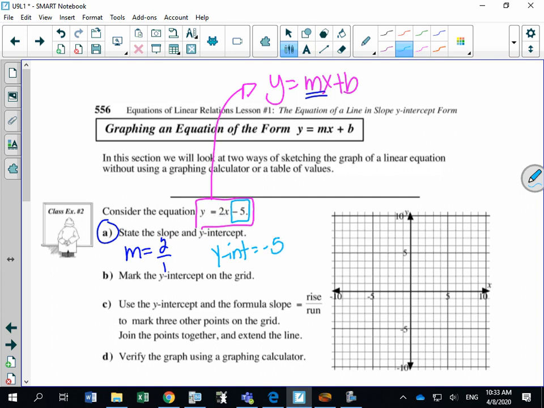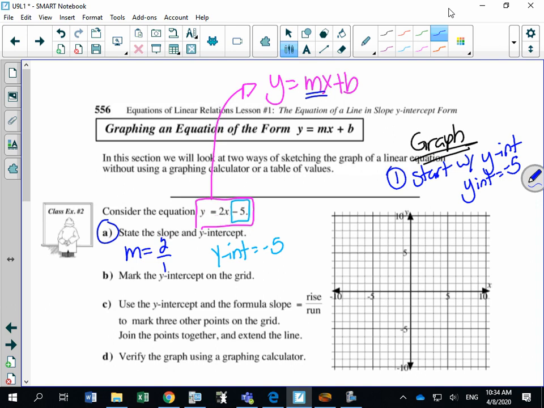Okay, from here, we're going to graph this. So remember my steps that I previously listed. When you're graphing, the first step is to always start with the y-intercept. Start with y-intercept. And y-intercept is equal to -5.